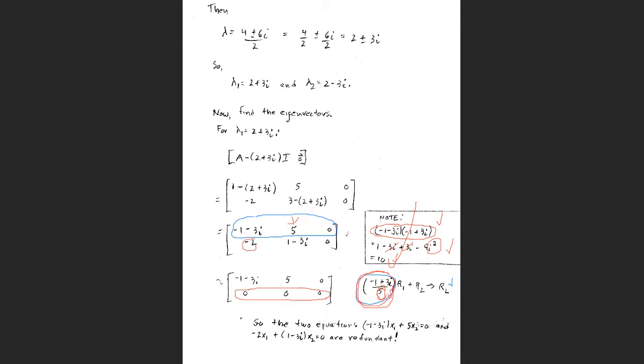You add that to 1 minus 3i, you get a 0. Okay, so are we okay? Are you okay with how I got the zeros here on this bottom row using this row operation? Are you all right with that?